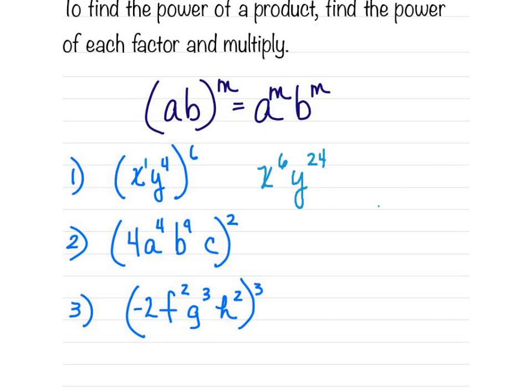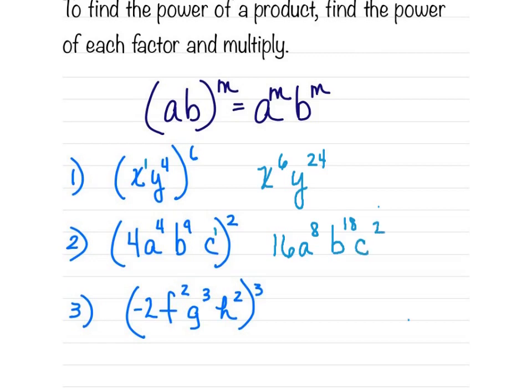So, 4 squared would be 16. A to the 4th squared would be a to the 8th. B to the 9th squared would be b to the 18th, and c to the 1st power squared would be c squared. Try number 3 on your own.